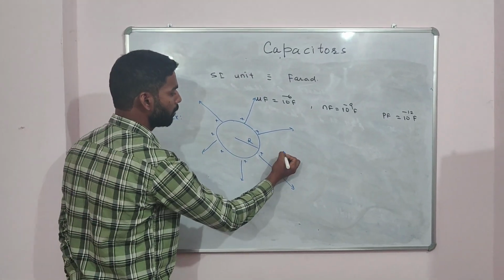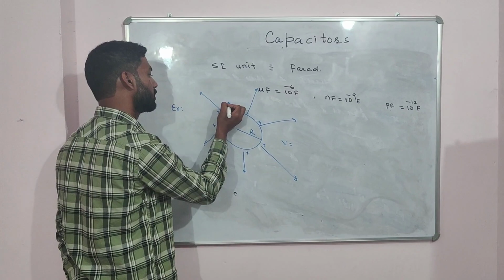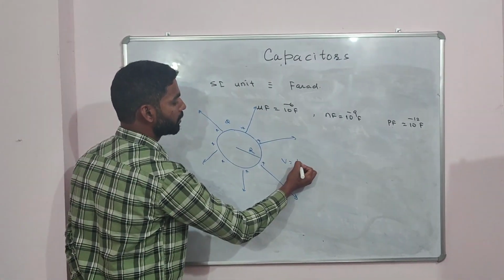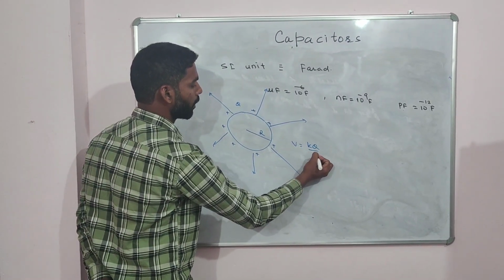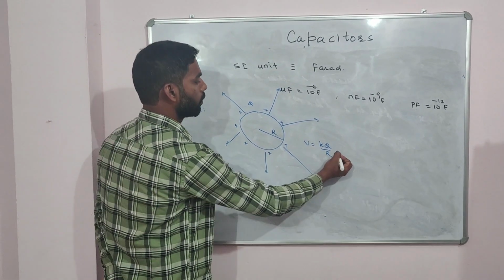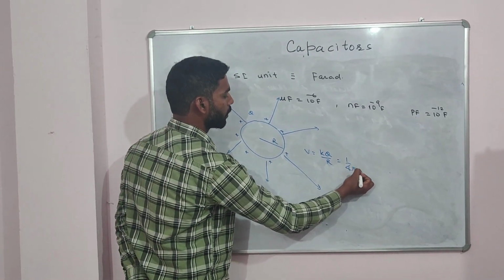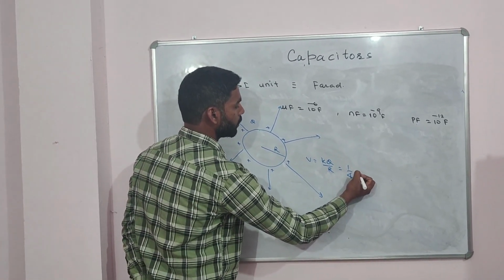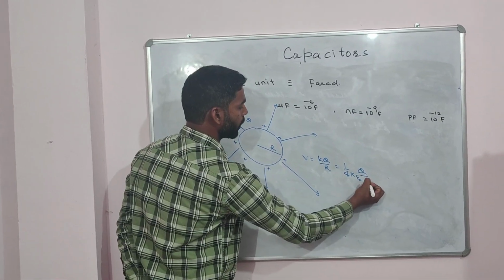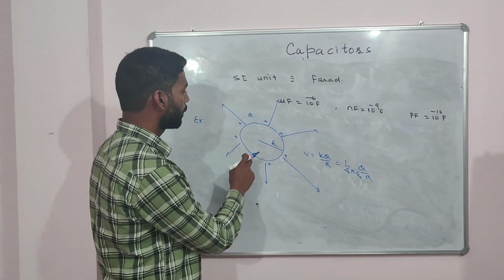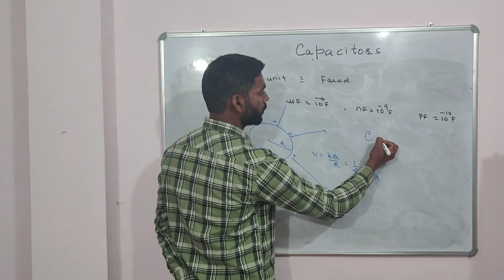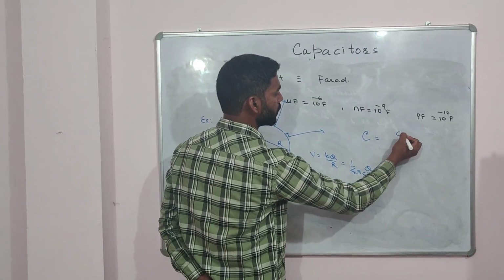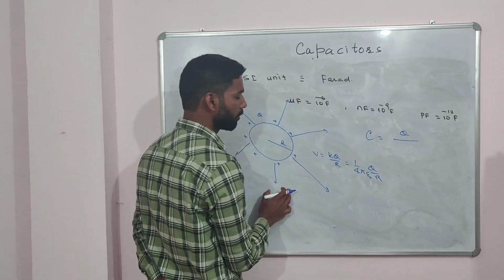Its potential will be V equal to KQ by R, or 1 by 4 pi epsilon naught, Q by R. So the capacitance of the sphere is equal to the charge divided by potential difference.